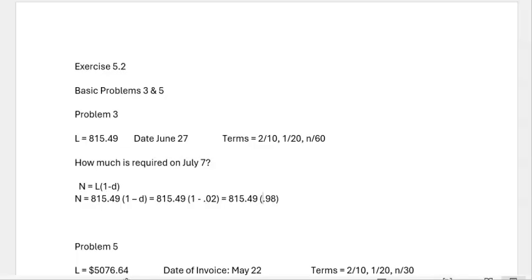If we multiply that out, $815.49 multiplied by 0.98, we have to pay $799.18. All right, so let's look at the next one.